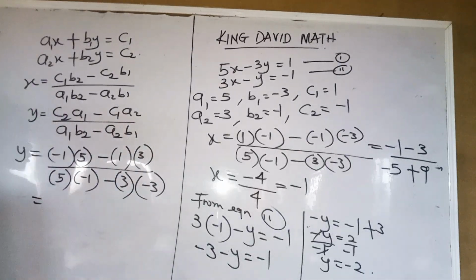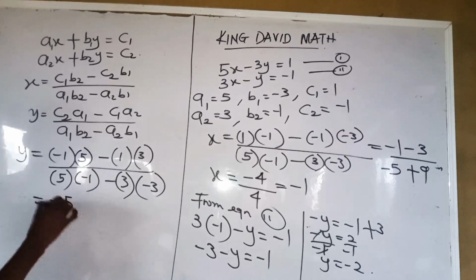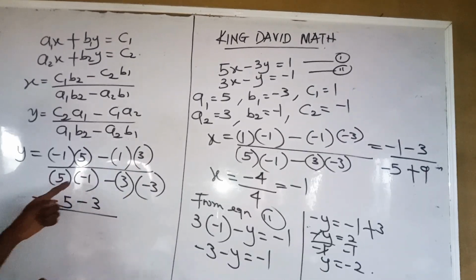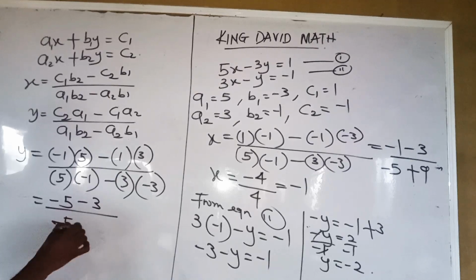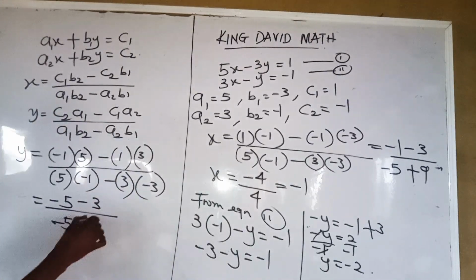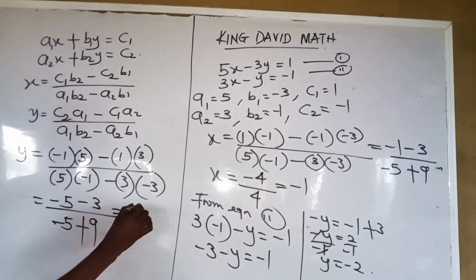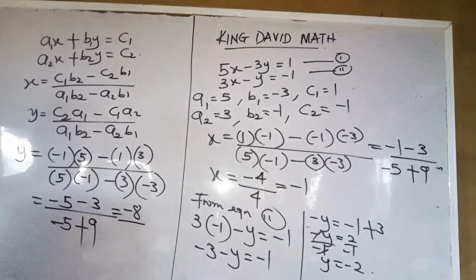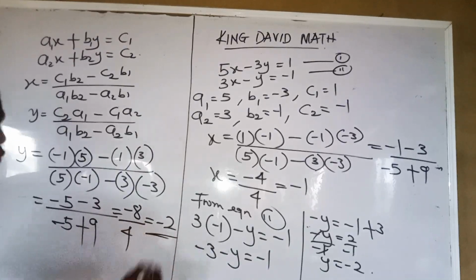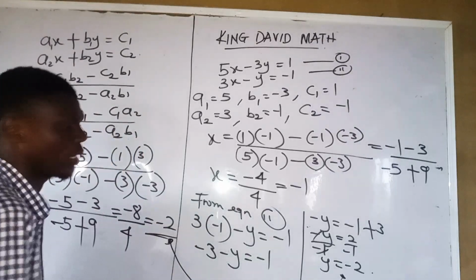So I'm going to simplify them now. Minus 1 times 5 is minus 5, minus 1 times 3 is minus 3, over 5 times minus 1 is minus 5, minus minus 3 times minus 3 is plus 9, so I'll have a plus 9 here. So minus 5 minus 3 is minus 8, over minus 5 plus 9 is 4. When I divide it, I'm having minus 2. So it's got me back to the answer.